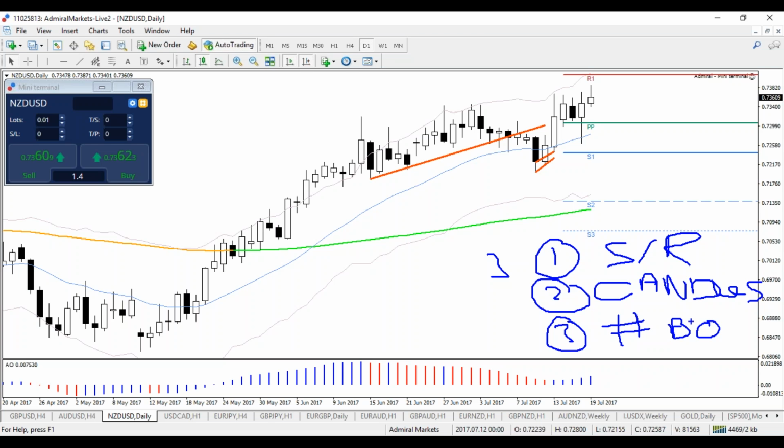You can always zoom in or out to get a bit more information about the market structure, what's going on, to see if it's desirable to trade. If you're looking at the daily, you can look at the weekly. Are there key levels that are close that we didn't see on the daily? But using these three factors, we can understand pretty straightforwardly whether a breakout is likely or not.